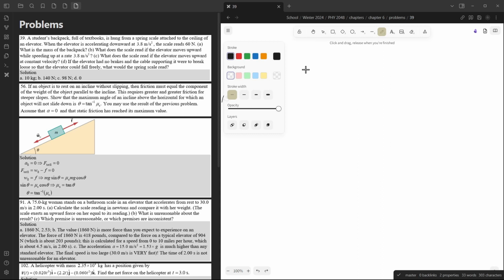Alright, so part B, and I fixed my pen, which is nice. Anyway, what does the scale read if the elevator moves upward while speeding up at a rate of 3.8 meters per second squared?